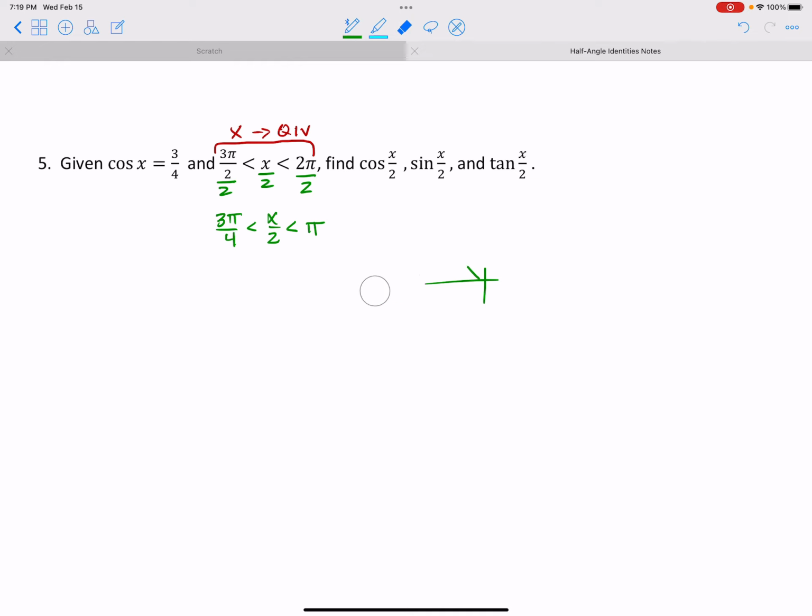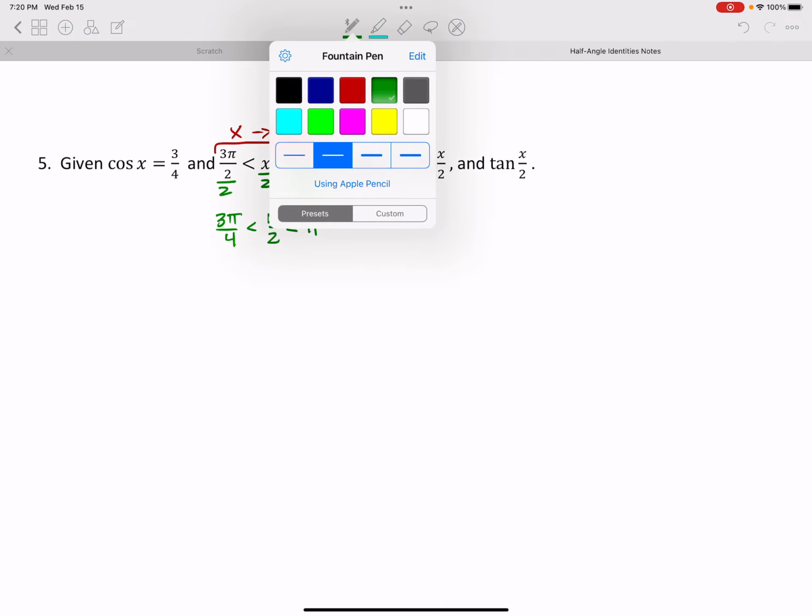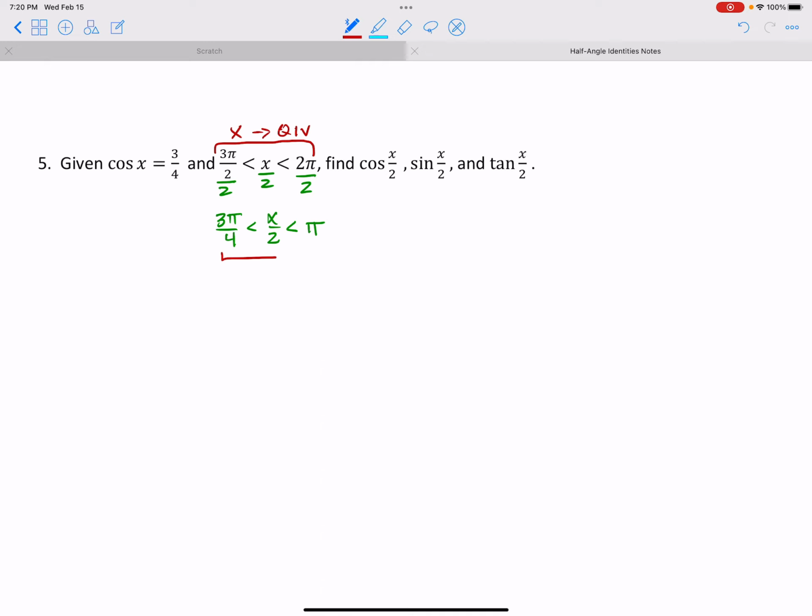It's important to know because the signs of sine and cosine change when we change quadrants. So x over 2, the half angle we're going to be identifying, is in quadrant 2. Hopefully that makes some sense.